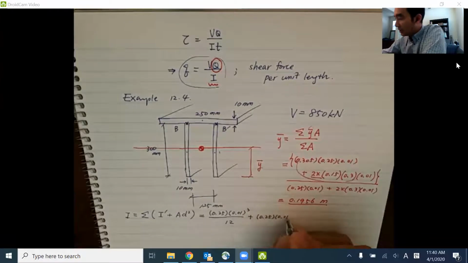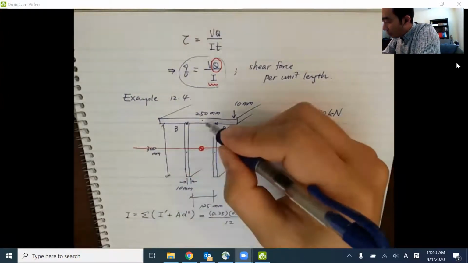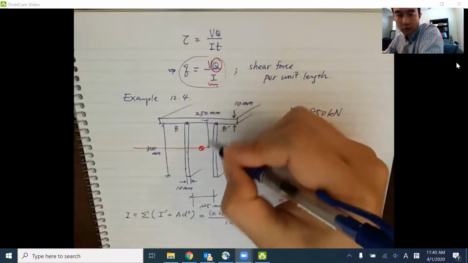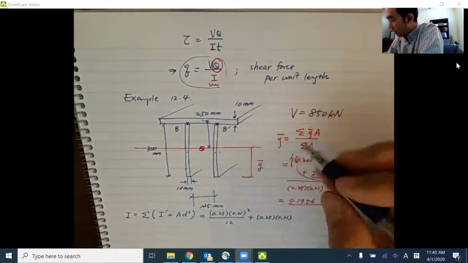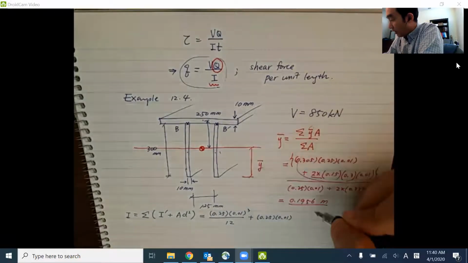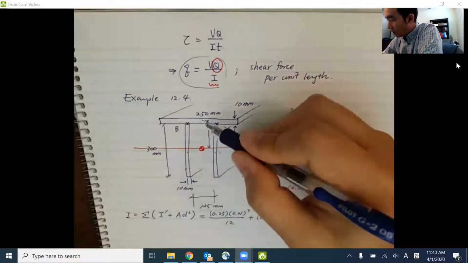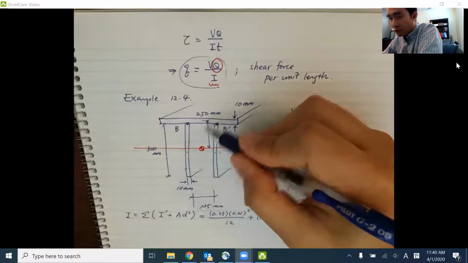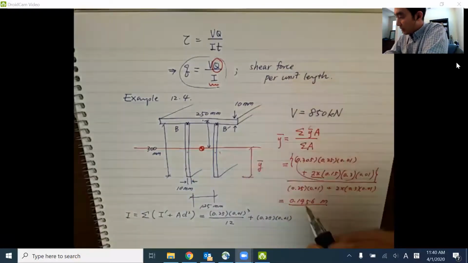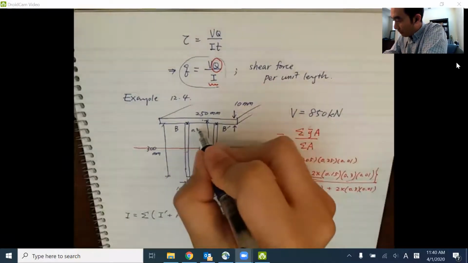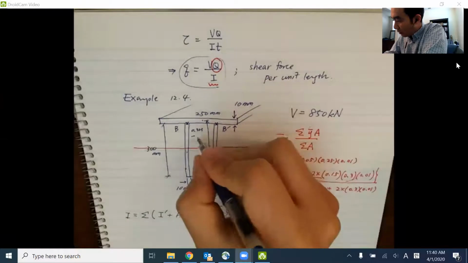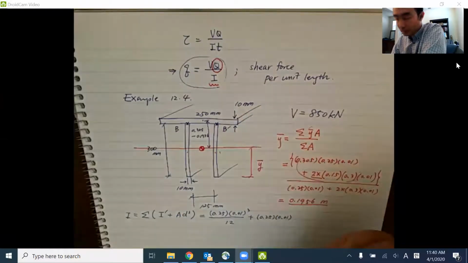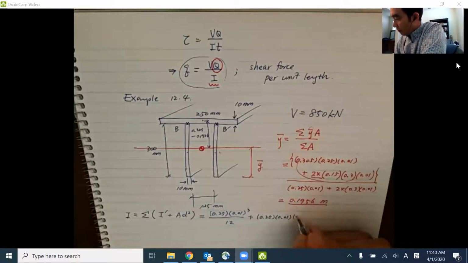And d is going to be the distance from here to here, right? Since y bar is 0.1956, and the distance from the bottom to this location was 305 millimeters, so 0.305, d is going to be 0.305 minus 0.1956, squared.